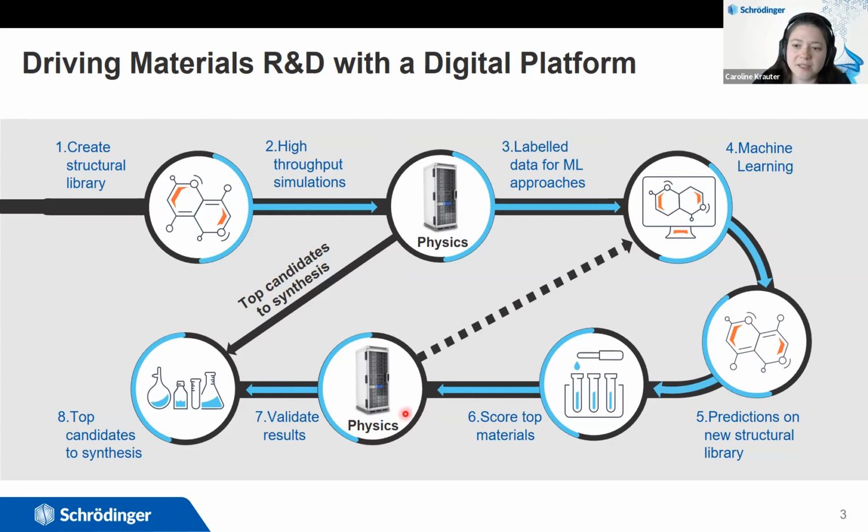close that loop and really go in iterations where we select that small set of structures, we build these machine learning models, and then we improve them based on our quantities that we need to optimize and where we need to find an optimal parameter set. And so that's indicated by that dotted line.